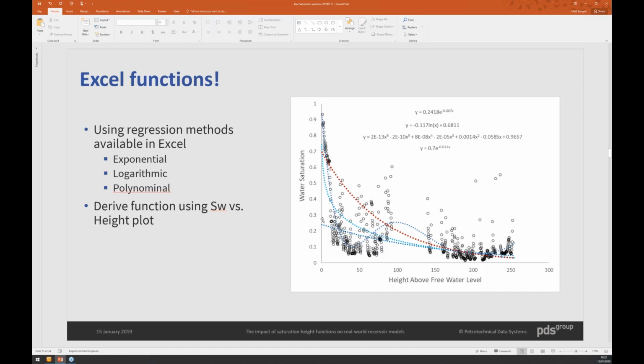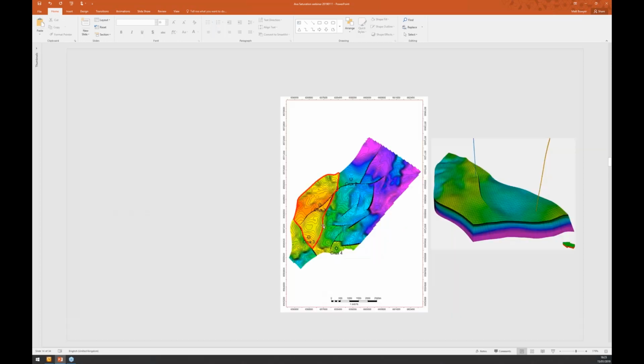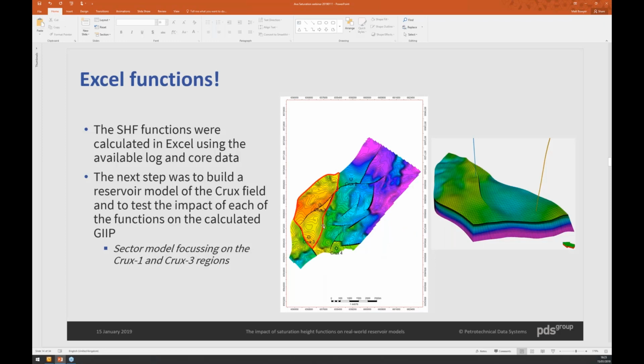Obviously it's missing some of the points between about 20 and 80 meters above the free water level, but it's just trying to get away from the 25% SW at the free water level, which doesn't necessarily look too great.